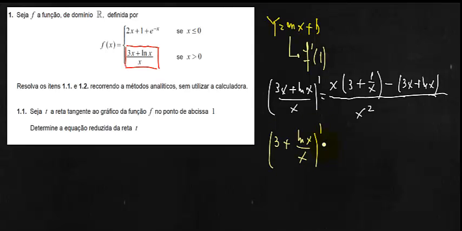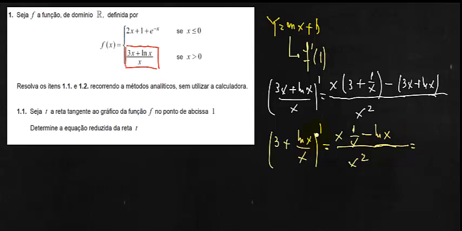You agree with me? So I will have the derivative of 3, which is 0, and the derivative of logarithm of x over x, which is x squared, x times the derivative of logarithm of x, which is 1 over x, minus logarithm of x times the derivative of x.